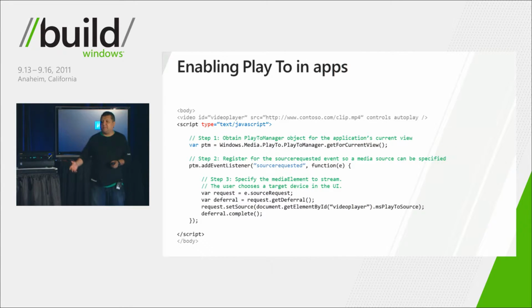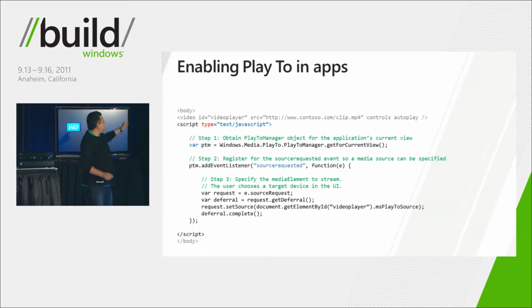From an application perspective, one of the achievements that, in my opinion, is very important to notice is that it is very simple to add Play To functionality to applications written in JavaScript. And this slide is trying to show that there are only three steps that have to be followed. Step number one is you have an application, and your application can do media consumption.